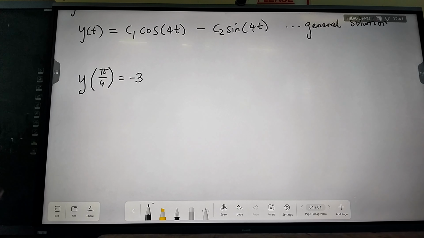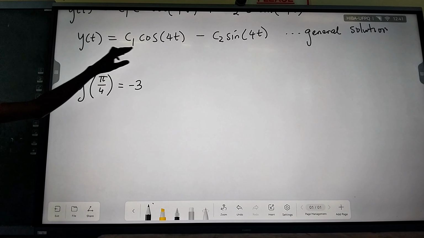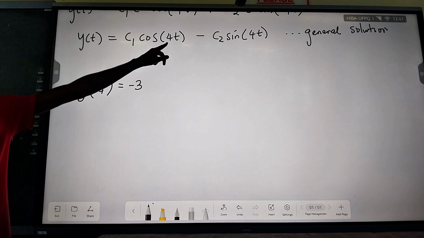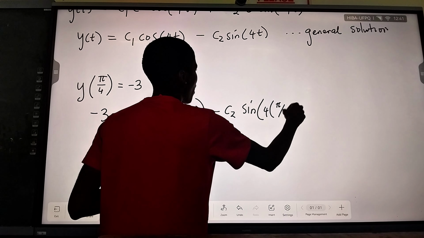We see that initial condition. Where there is t you put pi over 4, and where there is y you put minus 3. So minus 3 is equal to c1 cos of 4 into pi over 4, minus constant c2 sine of 4 into pi over 4.